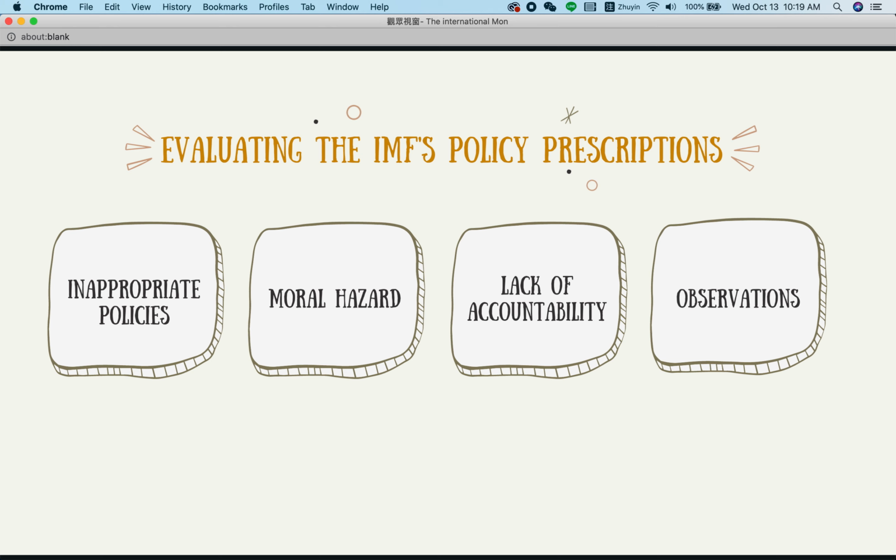It is not clear which side is correct about the appropriateness of IMF policy. There are cases where one can argue the IMF policies had been counterproductive or had only limited success.